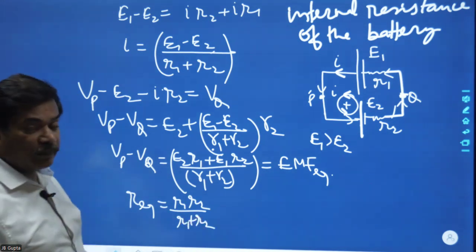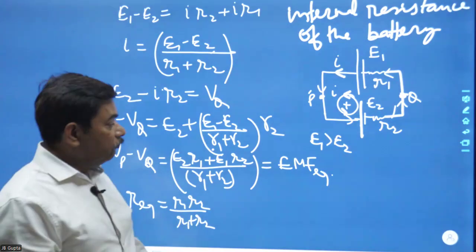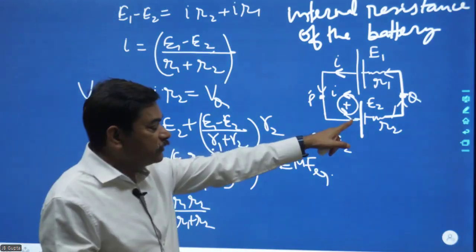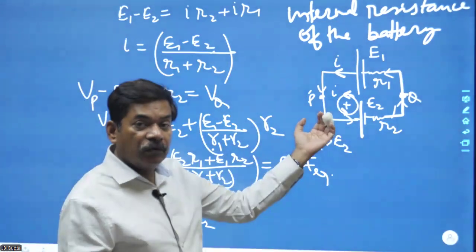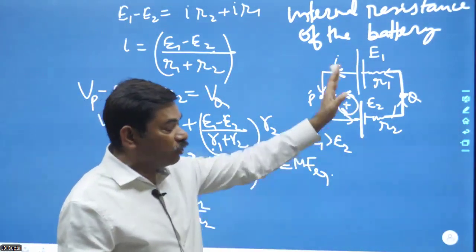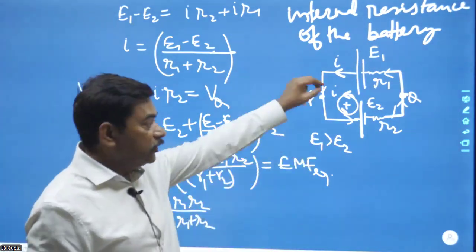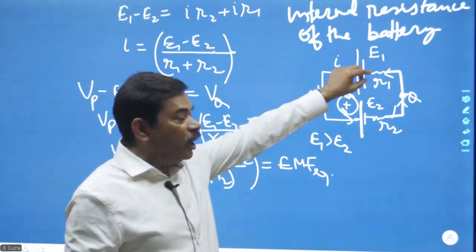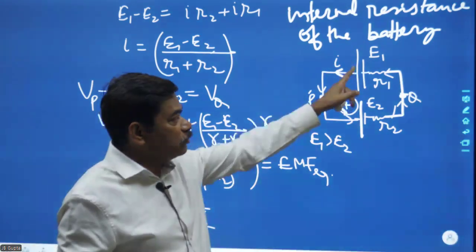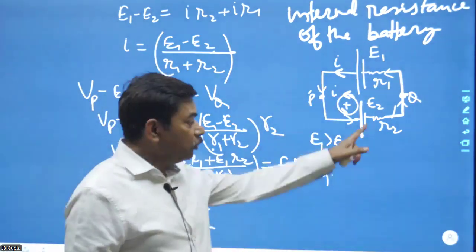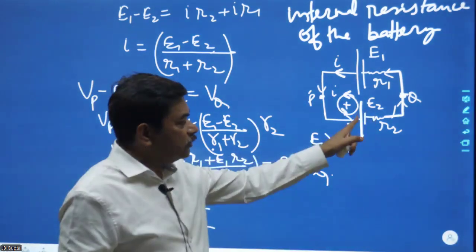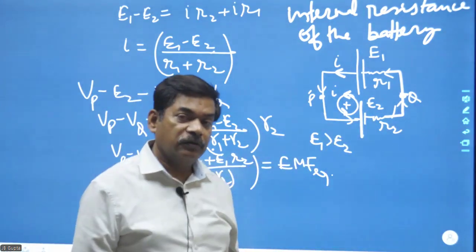And this does not depend upon whether the positive of this cell is toward this side or the positive of E2 is toward that side. Because R1 and R2 are the internal resistances present inside the two terminals of the cell. So here also, this R2 is present between the two terminals.